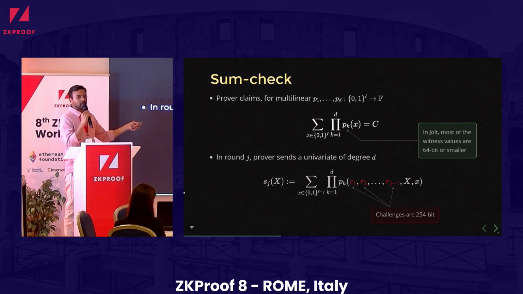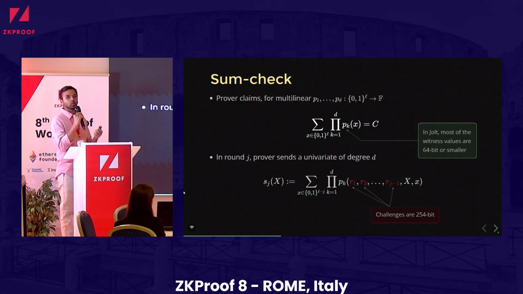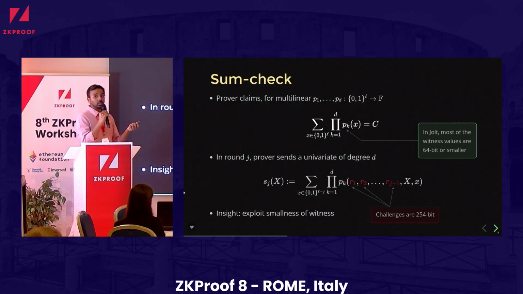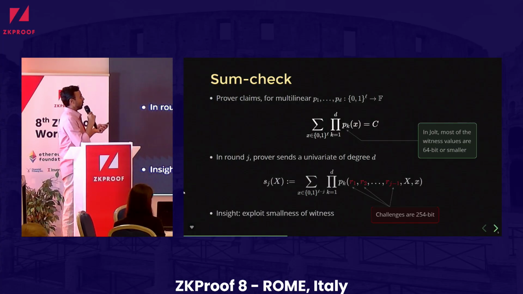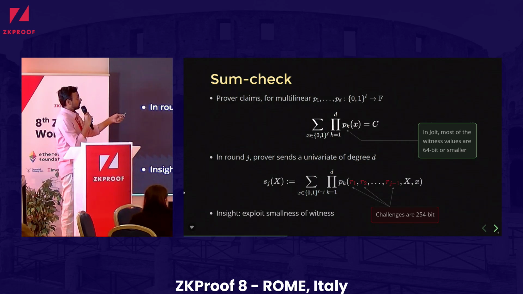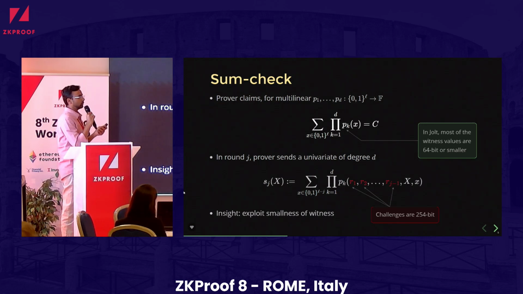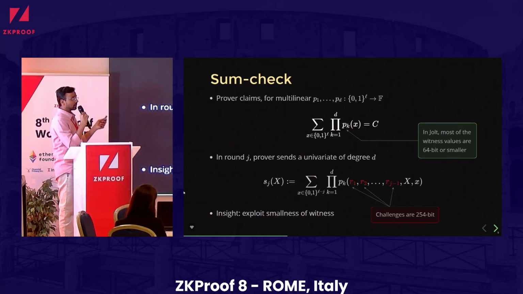And as soon as we go to the second round, these challenges start blowing up the instance sizes because now everything becomes 254-bit numbers. So the main insight of all of this work is, can we somehow exploit this smallness of the witnesses so as to avoid the challenges poisoning everything into these large field elements? So that's the theme of the techniques that I'll discuss.